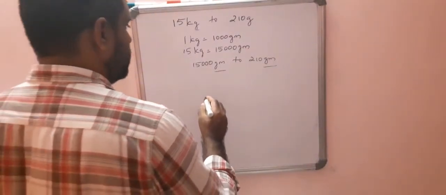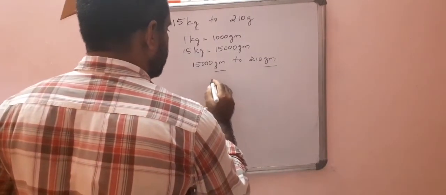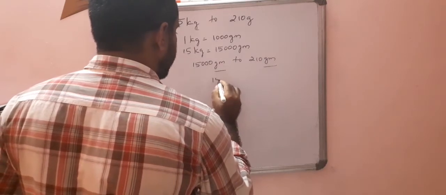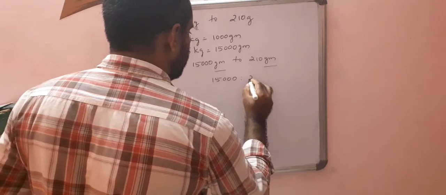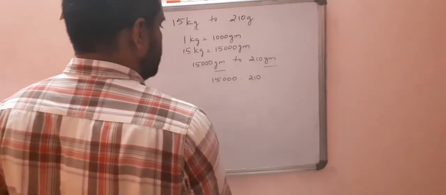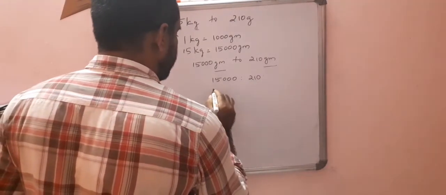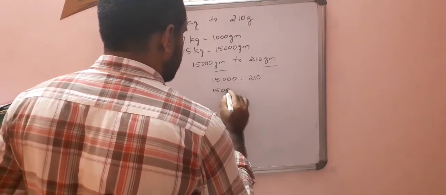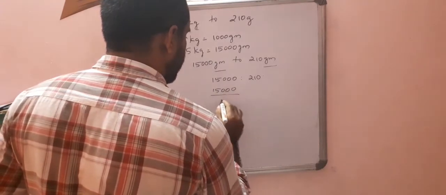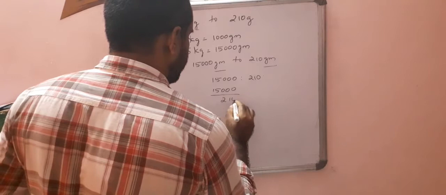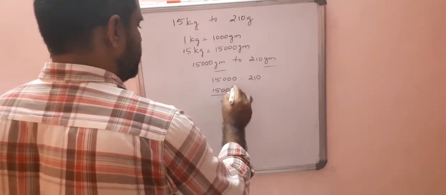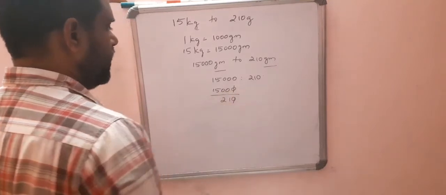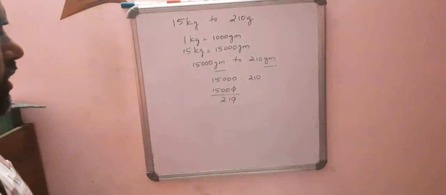We can write it as 15,000 is to 210. Further simplifying, 15,000 divided by 210. What we can do first is easily cancel these two zeros. Now 1500 divided by 21, right?